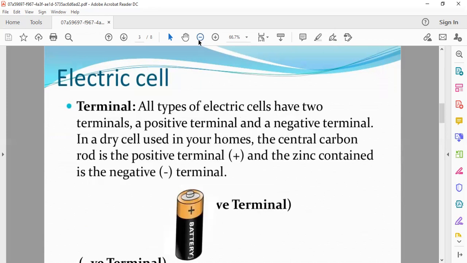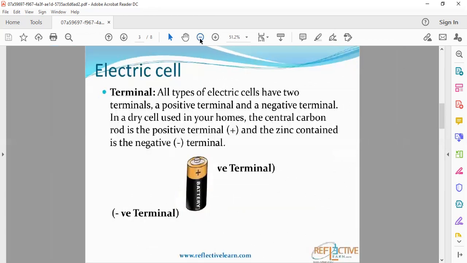What exactly is present in the electric cell and how many terminals does an electric cell have? You must have seen that whenever we put the cells in the remote or in the clock, we check which side should be used. So let's discuss the two different ways in which we use the electric cell.